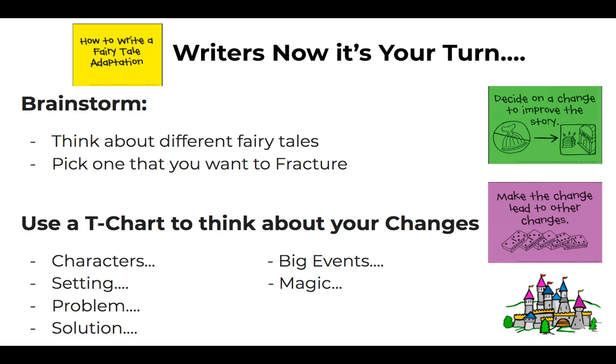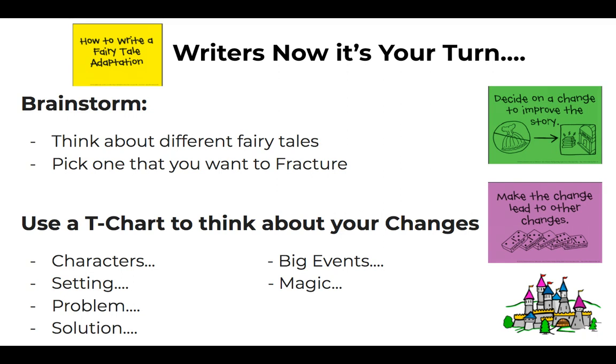Okay, and the reason we ask you to choose your favorite fairy tale, 1, you'll have fun with it, and 2, with it being your favorite fairy tale, it should be one of the ones that you're an expert on. Okay, and you're going to use the T-chart that I showed you in the previous slide to think about your changes from the traditional fairy tale to you creating your own fractured fairy tale.